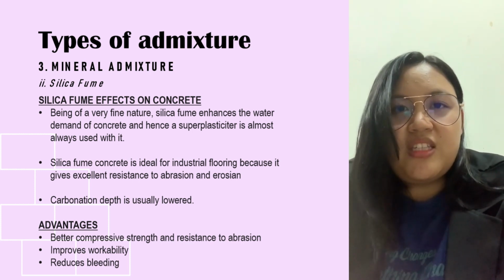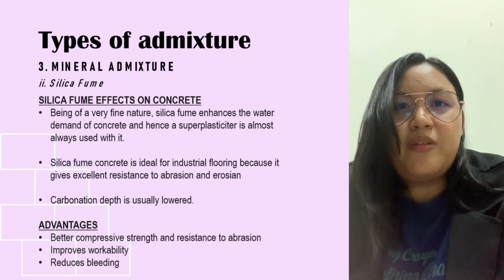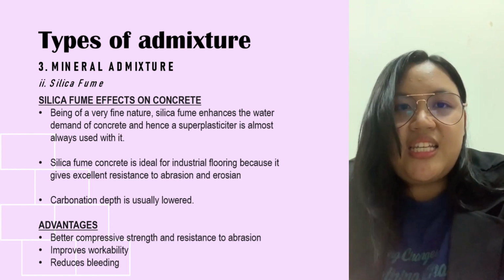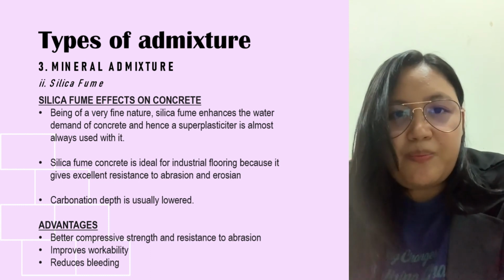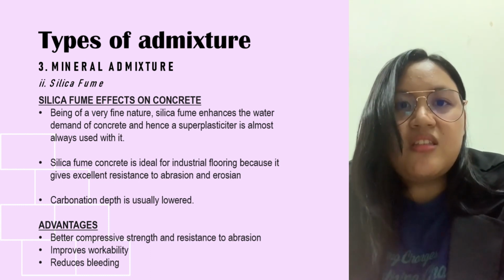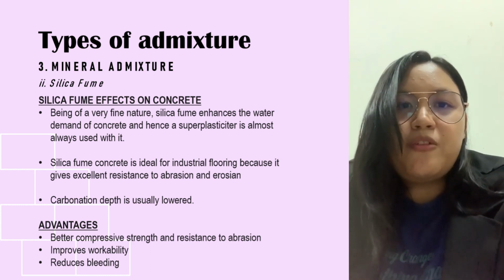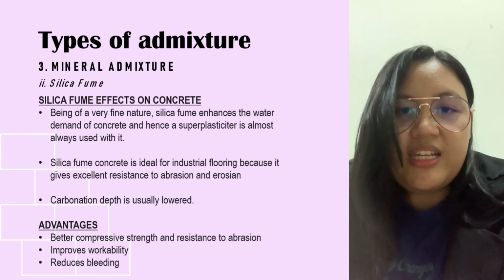Silica fume concrete is ideal for industrial flooring because it gives excellent resistance to abrasion and erosion. Lastly, carbonation depth is usually lowered. The advantages are better compressive strength and resistance to absorption, improved workability, and reduced bleeding.